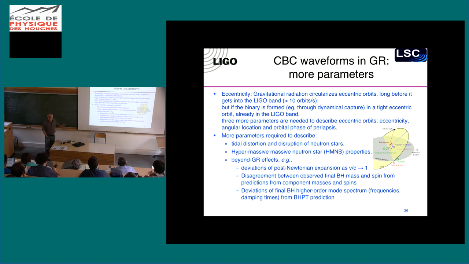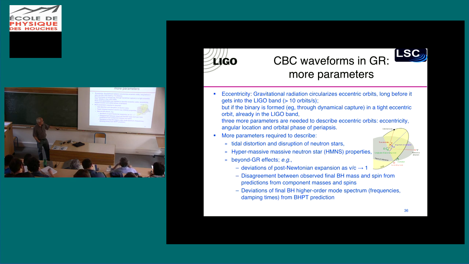There are more parameters that would be needed to describe tidal distortion and disruption of neutron stars, hypermassive neutron stars and their properties, and potentially beyond-GR effects like deviations of the post-Newtonian expansion as the speed approaches the speed of light. Any disagreement between the observed final black hole mass and spin and the predictions from the component masses and spins. There's a unique prediction.